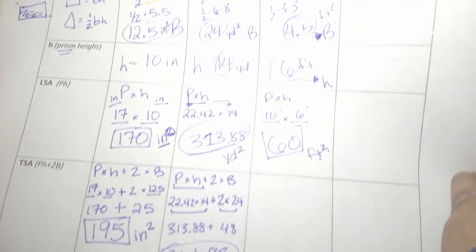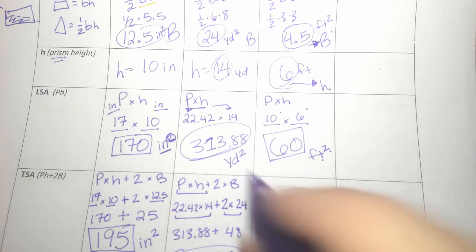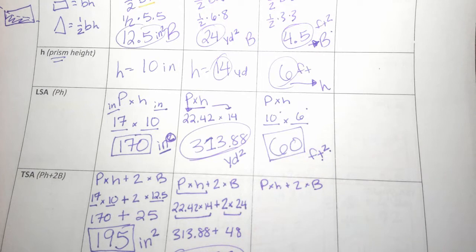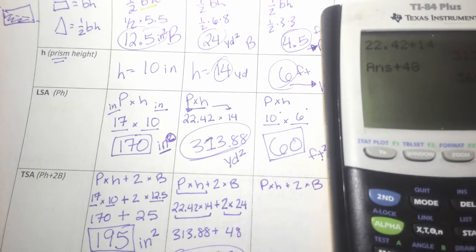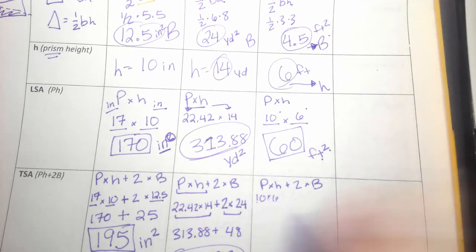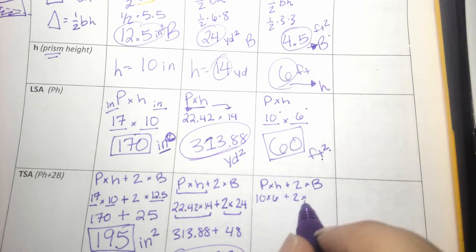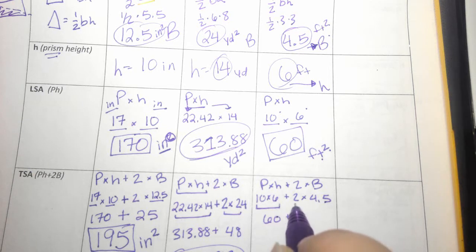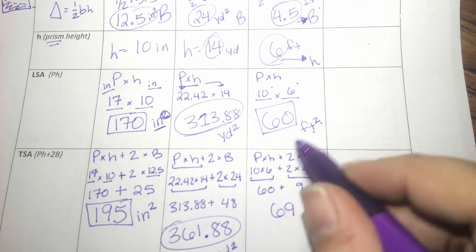Now we will try to find the total surface area, or P times H plus 2 times big B. You've got P times H, or 10 times 6, plus 2 times big B, 2 times 4.5. 10 times 6 is 60. 2 times 4.5 is 9, and 60 plus 9 is 69. 60 was measured in feet squared.